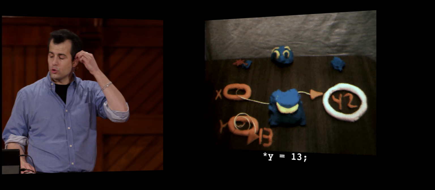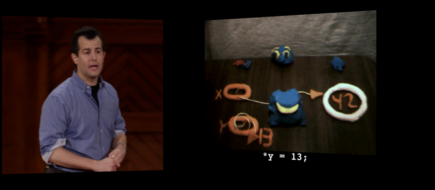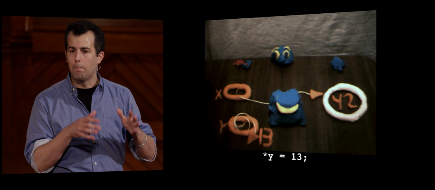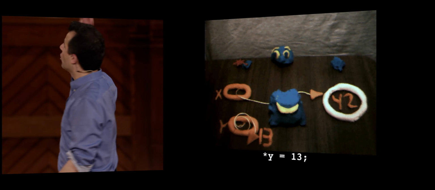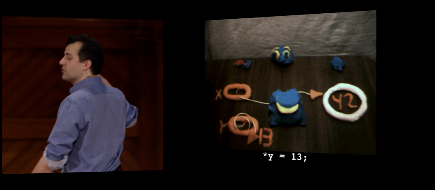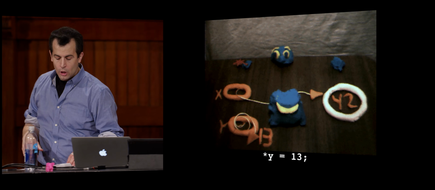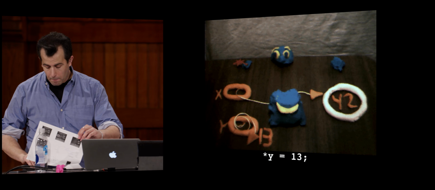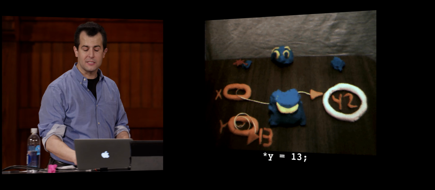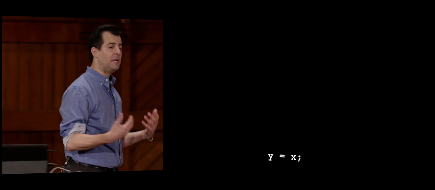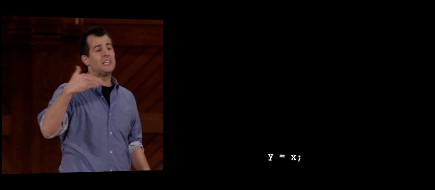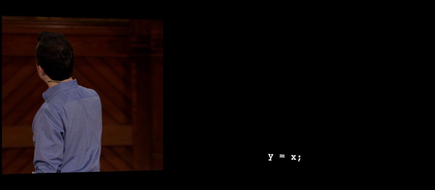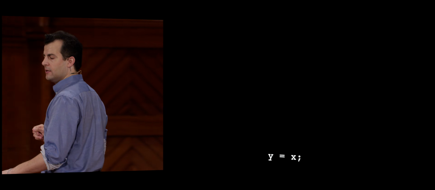And as soon as you try to do star y, saying go there, but there is not a legitimate address, it's some bogus location, the program's going to crash, and Binky's head is going to fly off here as it did. So in the end, this program was just flat out flawed. It was a buggy program, and it needed to be fixed. And the only way really to fix it would be, for instance, this line, which we didn't even get to because the program crashed too soon. But if we were to fix this, what effect does doing y equals x have?